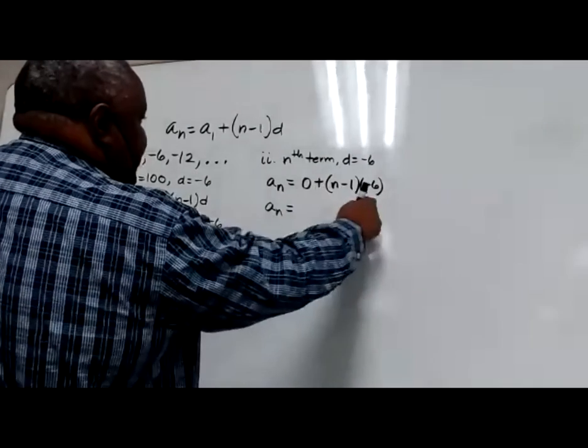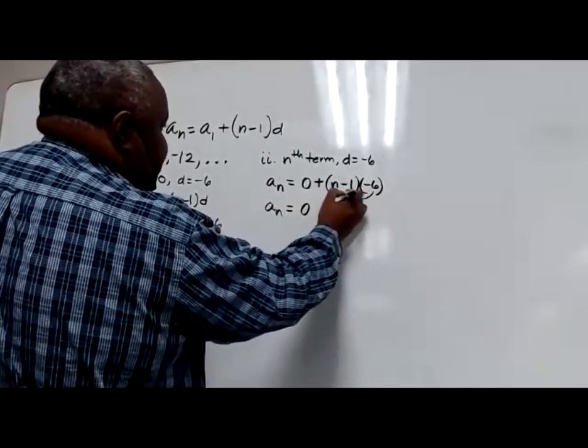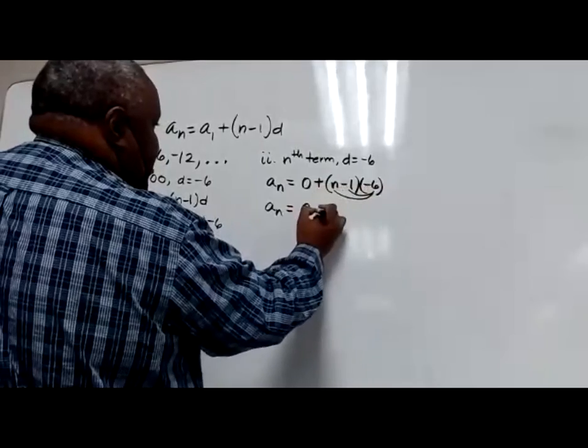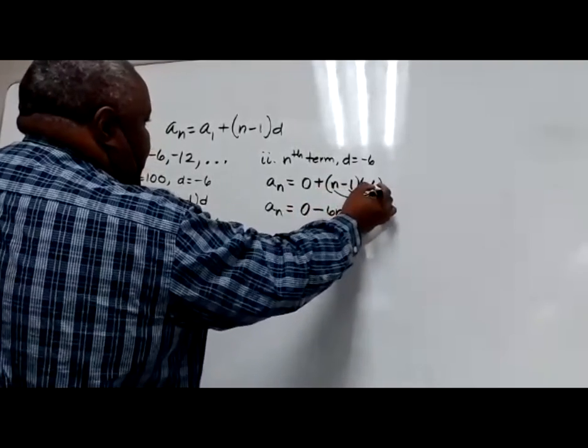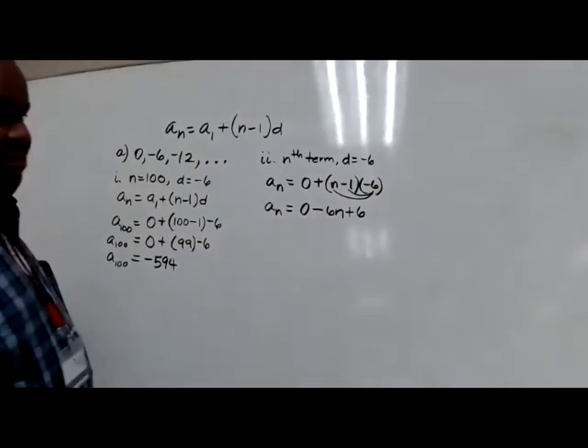All right, so now let's simplify this part right here. Here I'm going to distribute the -6 over the n and the -1. So -6 times n would be -6n, and then -6 times that -1 would be +6.